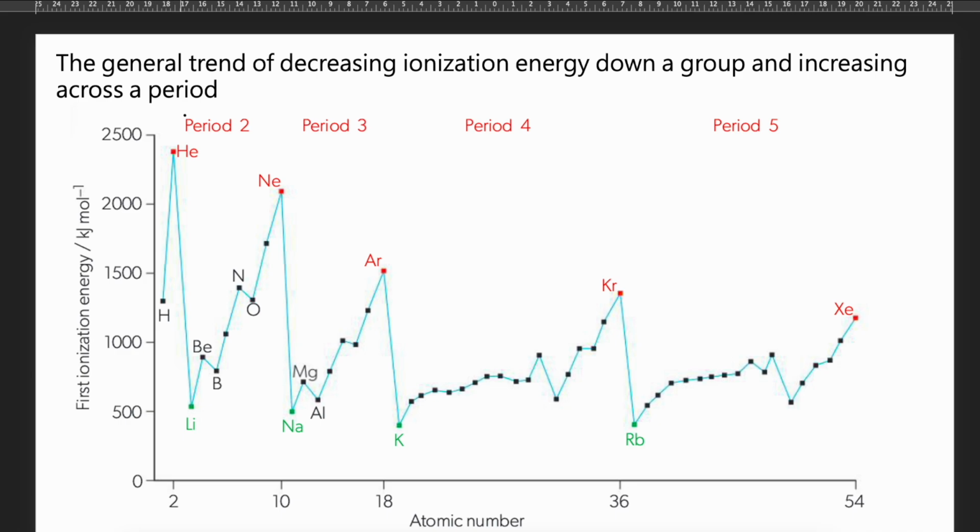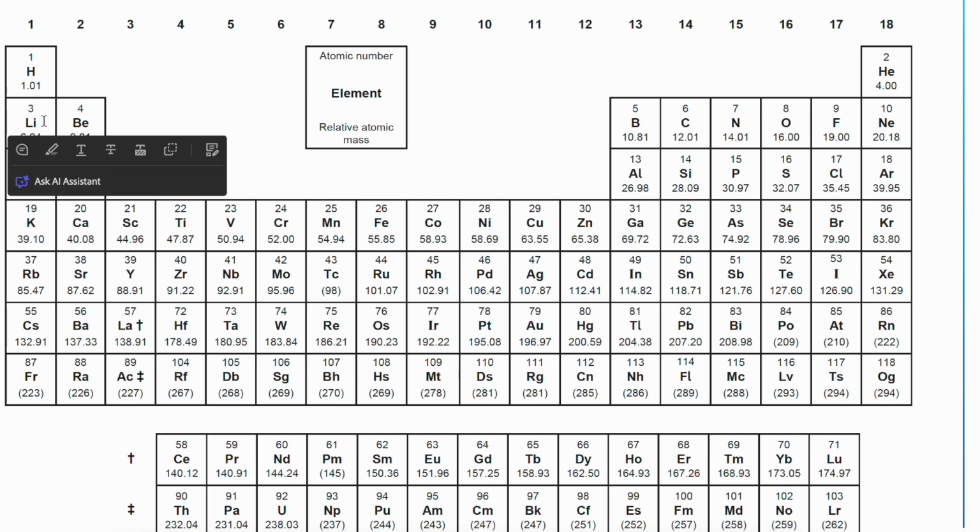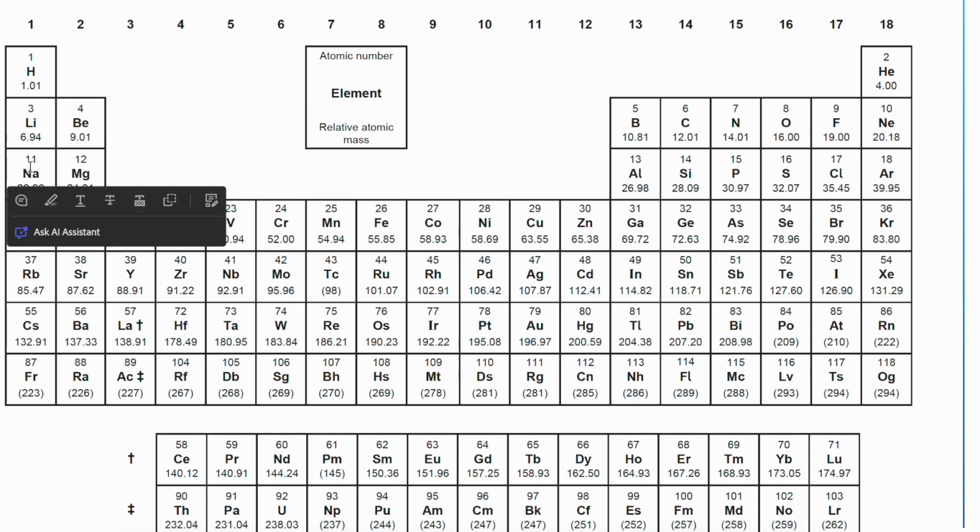So as an atom increases in size, from lithium to rubidium, they come from group 1: lithium, sodium, potassium, and rubidium. So the number of shells, period 2, number of shells 2, and then period 3, number of shells 3.